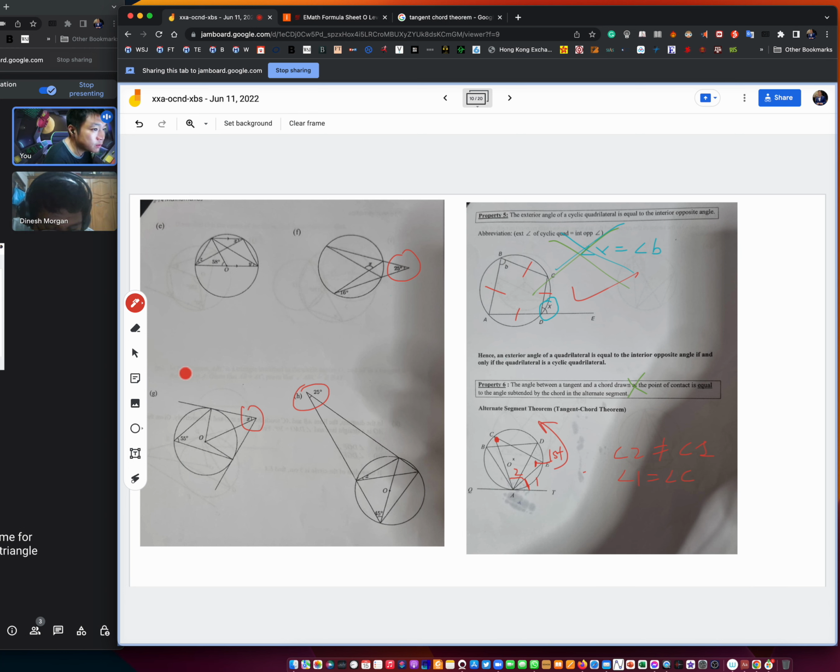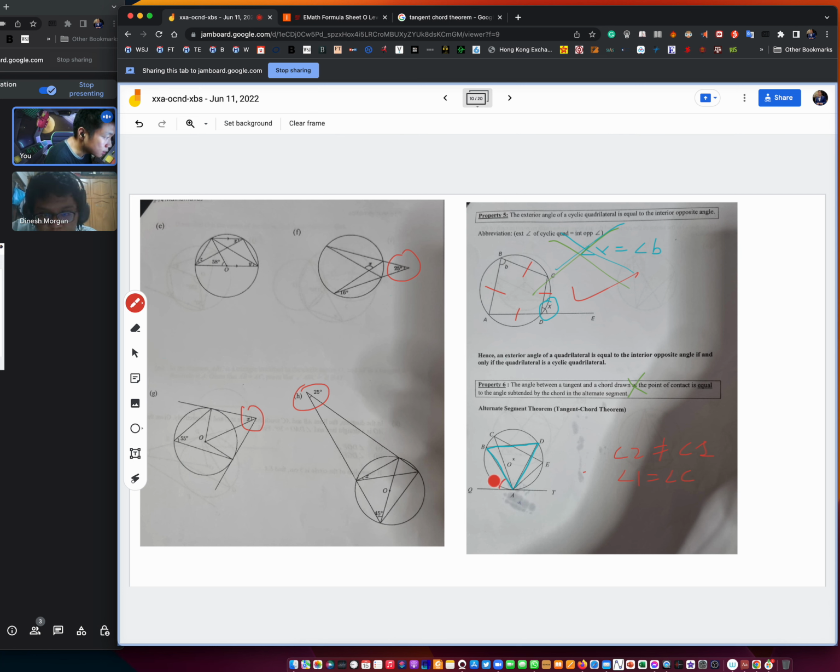So it works the same. Are you talking about BDA? Yes. So maybe we try the clockwise one. It's good that you use a highlighter. We are looking at this triangle, so maybe you are talking about this angle now.